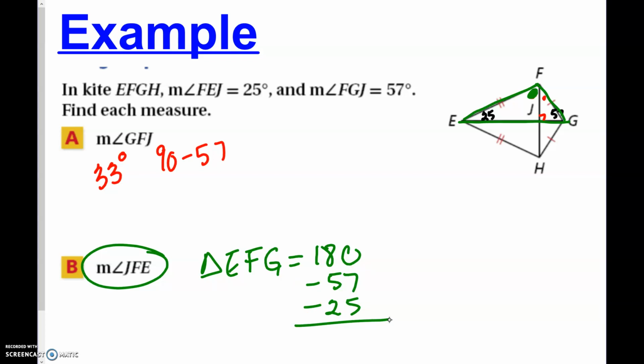So when we take 180 minus 57 minus 25, I am getting 98 degrees. That means that this whole big angle is 98 degrees. And we just found the red angle to be 33. So if I subtract 33 from that, what is that? 65 degrees. So the angle that we're looking for, JFE, will be 65 degrees.